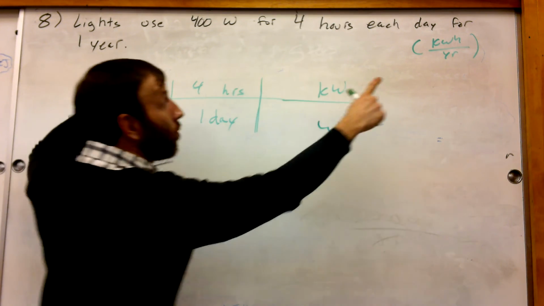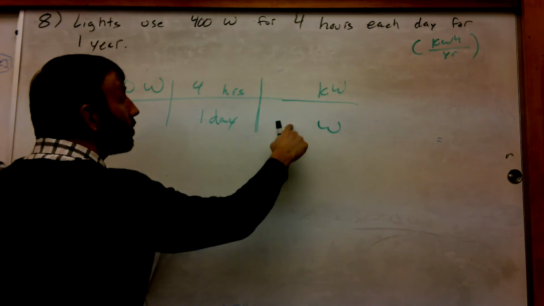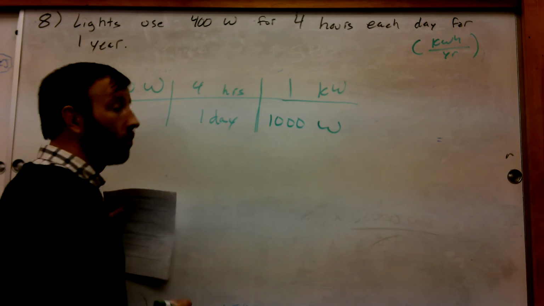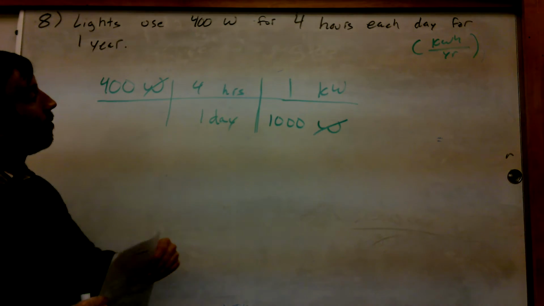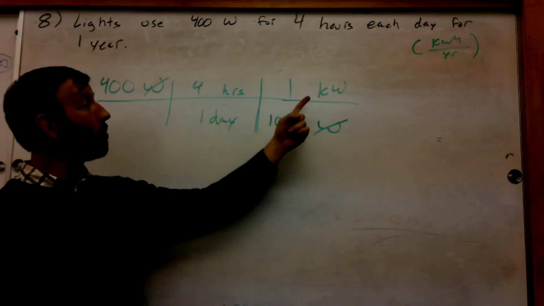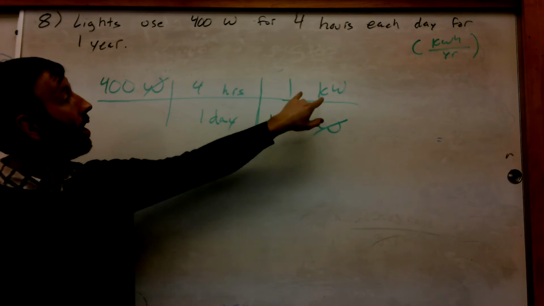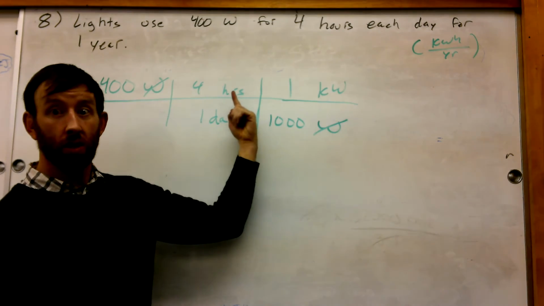Plus, I want my kilowatt on top anyways. So how many watts are in a kilowatt? 1,000 in 1 kilowatt. Now I'm in kilowatt hours per day. The units that I want on top, kilowatt hours, that's done.